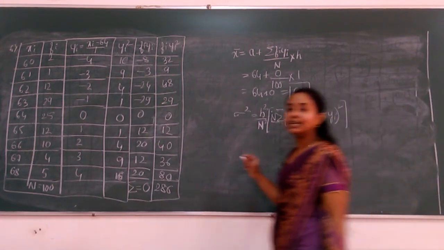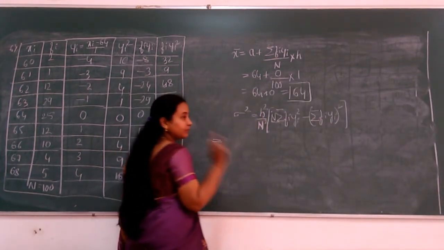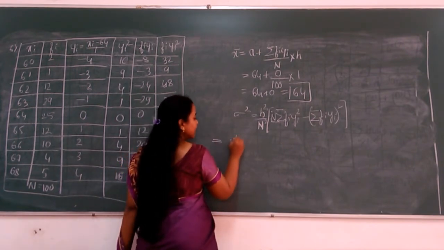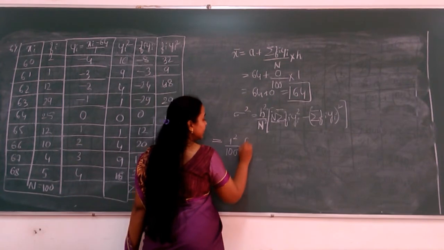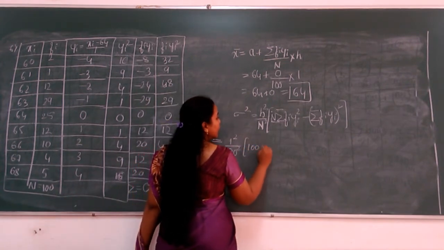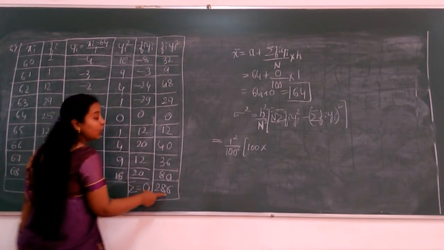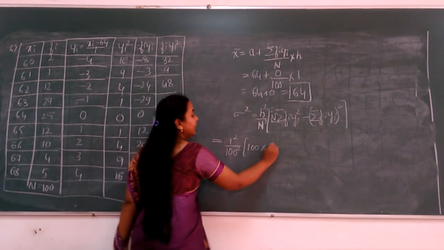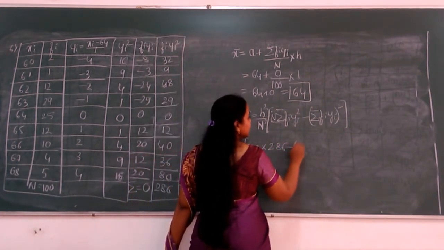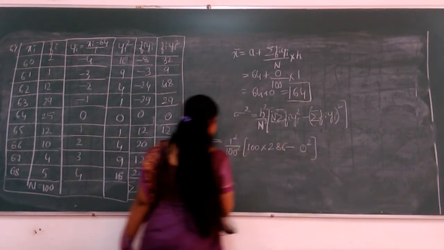Let us calculate the variance now. Okay, it is equal to h square, the width h is 1, square, divided by the total frequency 100 square, into 100 into the summation of fi into yi square. Now will you consider this sum or this sum? Obviously it is this sum, that is 286 minus the summation of fi into yi, which we have got as 0, squared. Width 1 squared is 1.